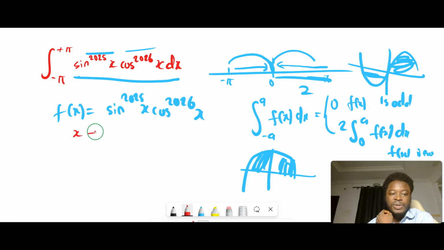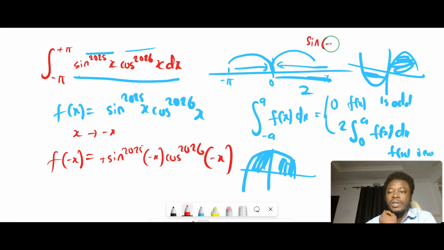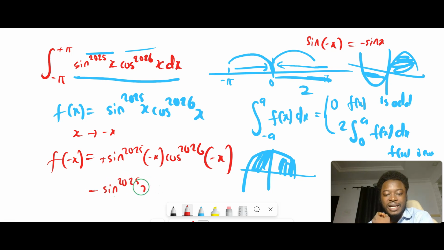Take x to be negative x, so you have f of negative x. For the sine case, because the power is odd, you have a negative sine. So you have sine to the 2025 of negative x times the cosine of 2026 of negative x. Now because sine of negative x is negative sine of x, and also the power is odd, this will be negative of sine of 2025x times the cosine of 2026x.